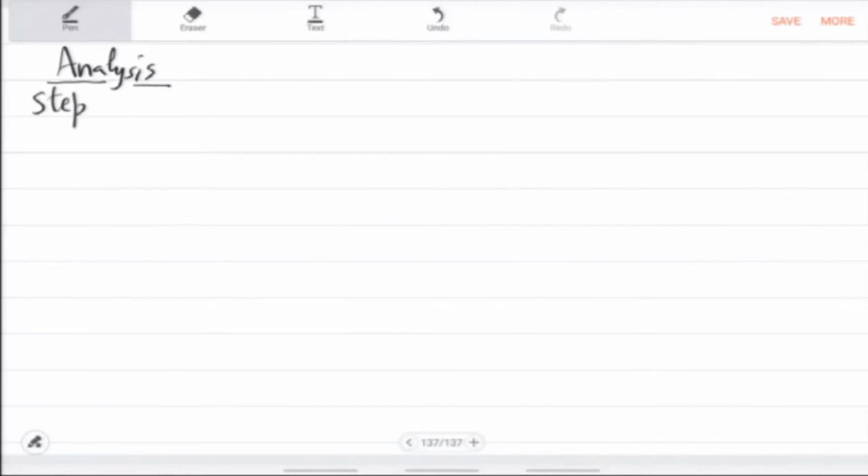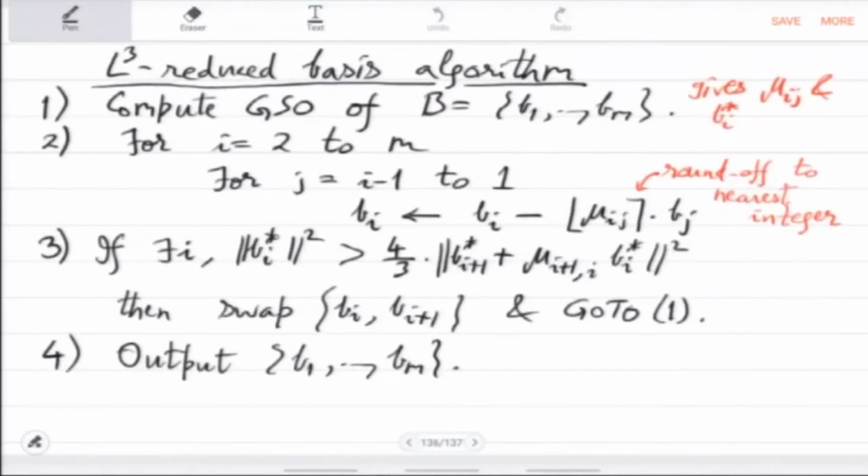Step 1 is just GSO, that you understand, that is standard. So what happened in step 2? In step 2, we changed B1 to Bm following GSO, but remaining in the lattice.